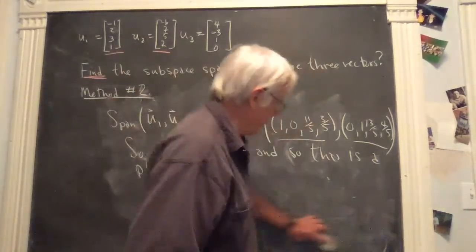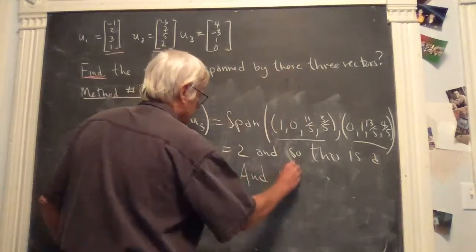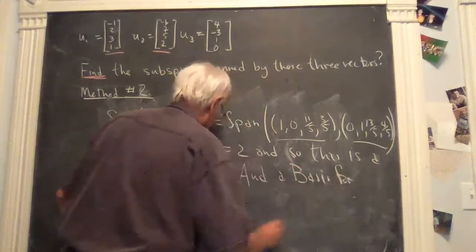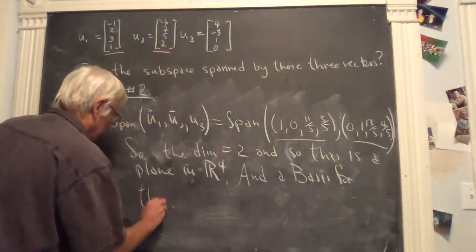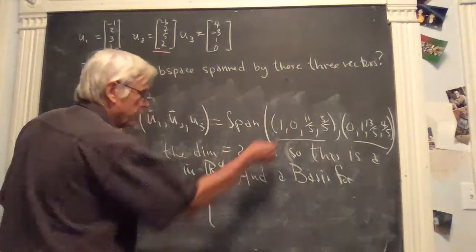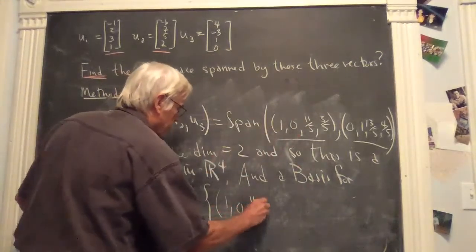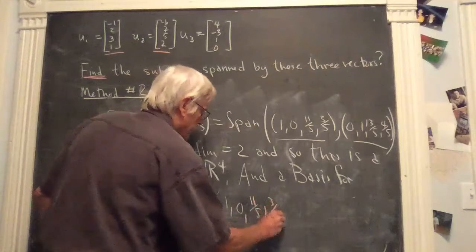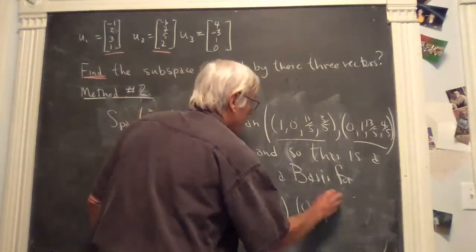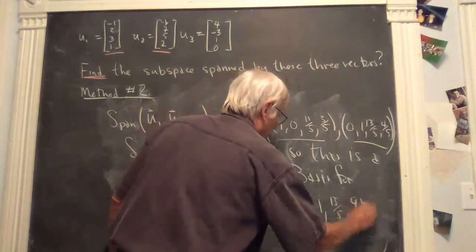And the basis for this judgment is just the two independent vectors, 1, 0, 11 fifths, 3 fifths, and 0, 1, 13 fifths, 4 fifths.